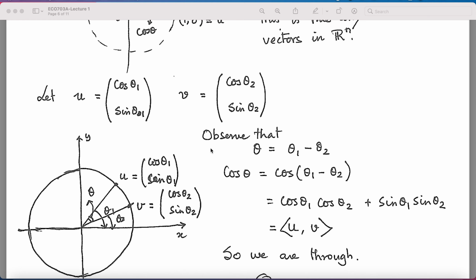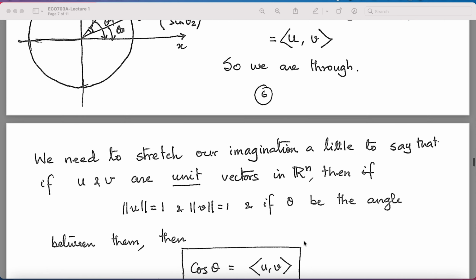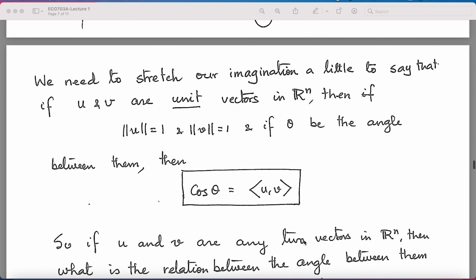So, for any unit vectors in R2, I can always write cos theta as the inner product between u and v. So, we are through. Let us just stretch the imagination and say for any two unit vectors in Rn, that is the vectors with norm u equal to 1 and norm v equal to 1, if theta is the angle between them, then cos theta is equal to the inner product of u and v.